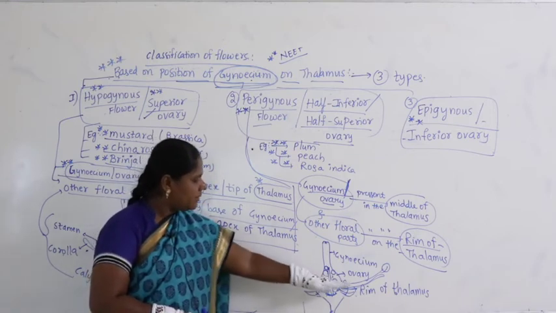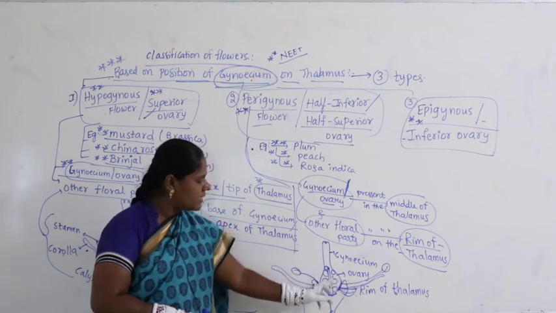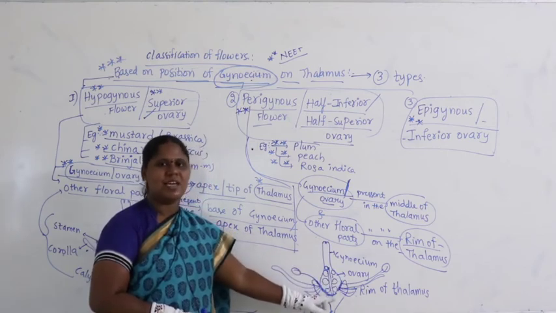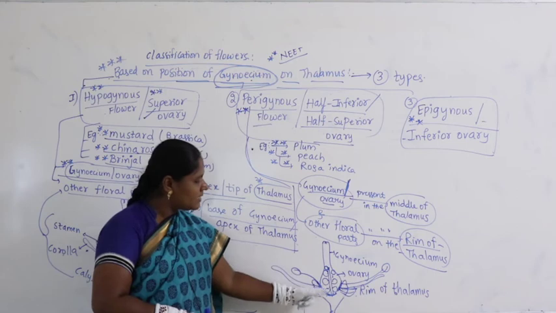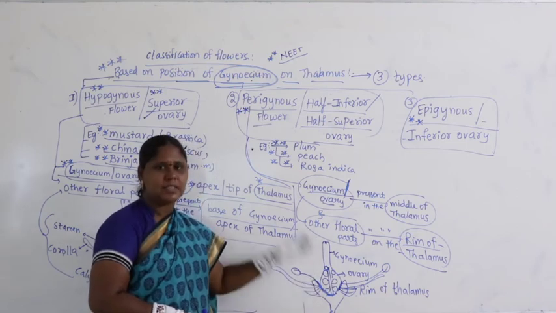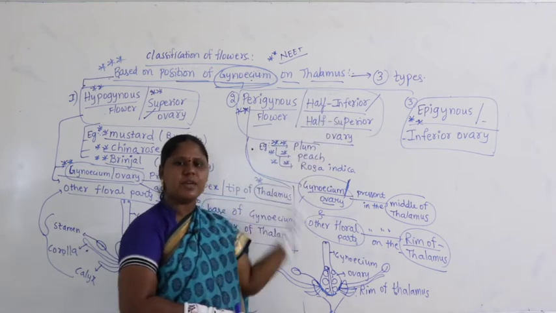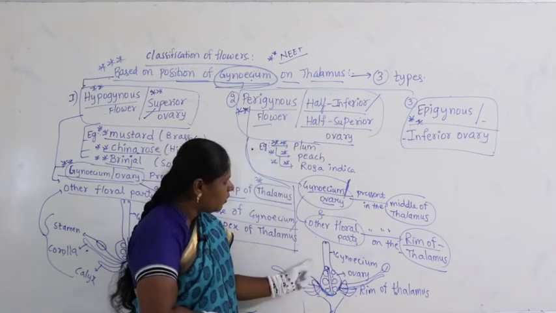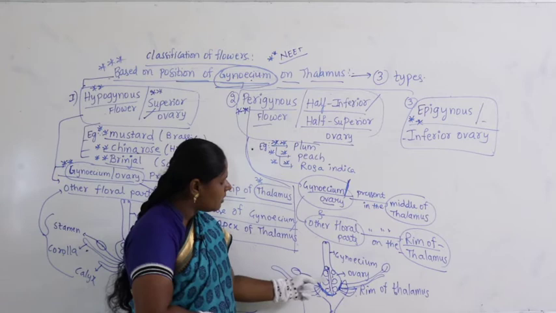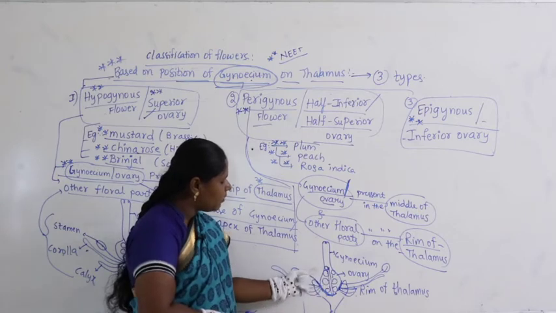That means half of the ovary is slightly inserted into the thalamus, half is slightly above. That is why it is called half inferior. Half inferior means half above.